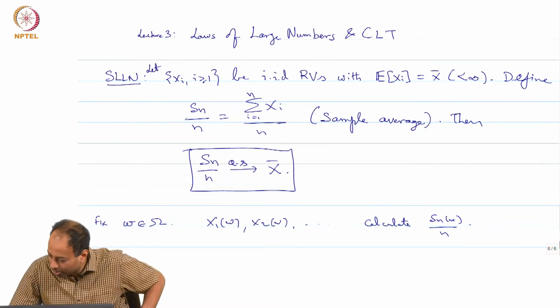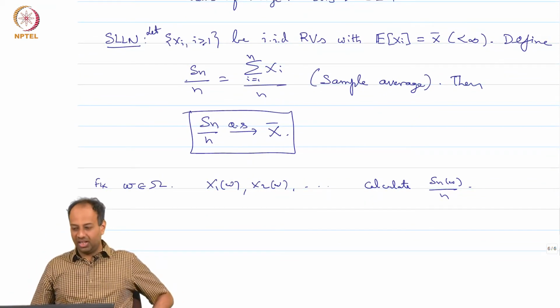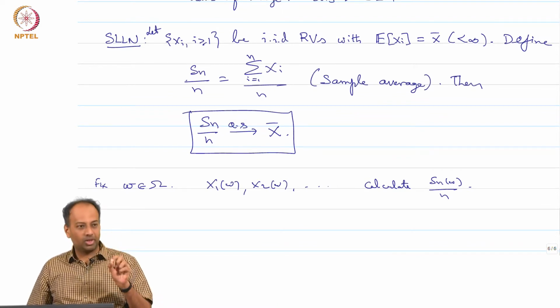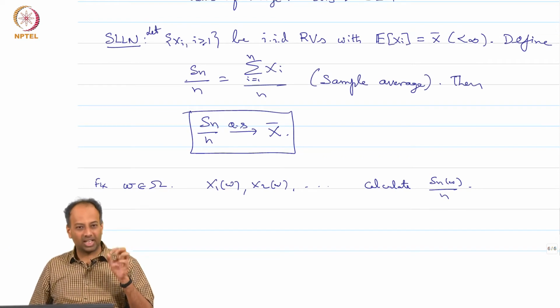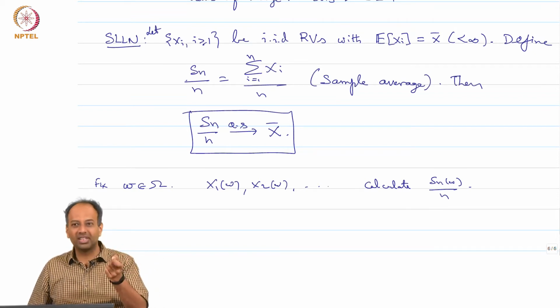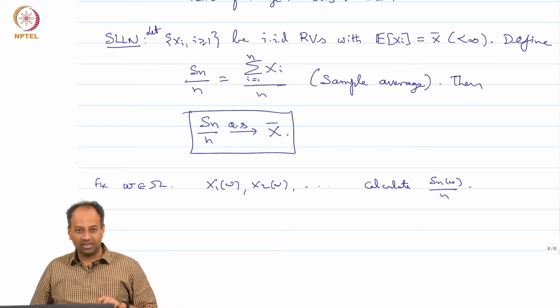Again you make different buckets. For that particular omega, you test whether Sn of omega over n converges to the number x bar. Sn of omega over n is a sequence of real numbers because you are fixing little omega. If it converges to x bar, you put that omega in one bucket.